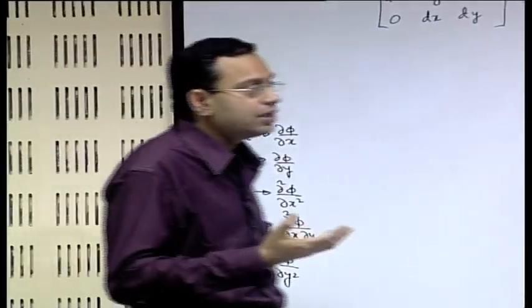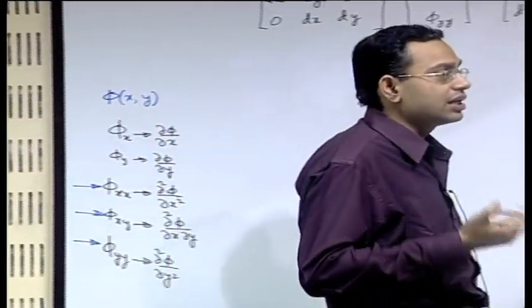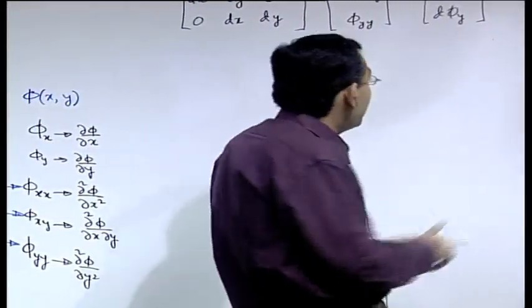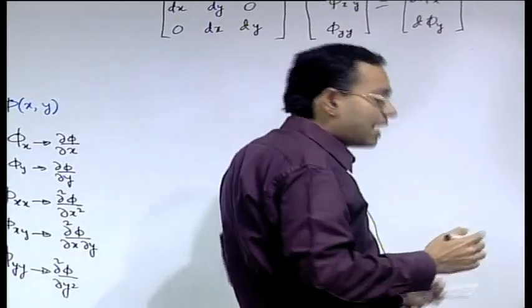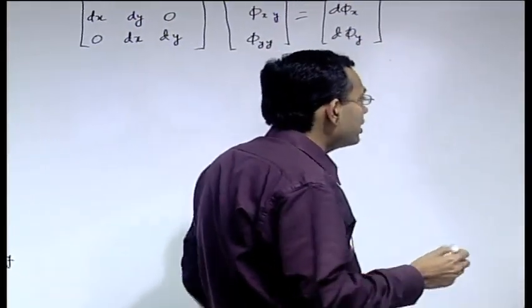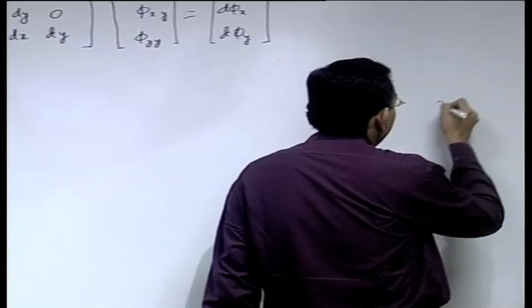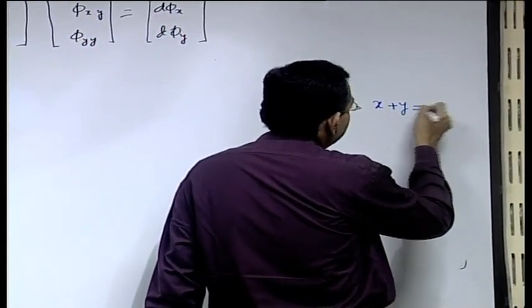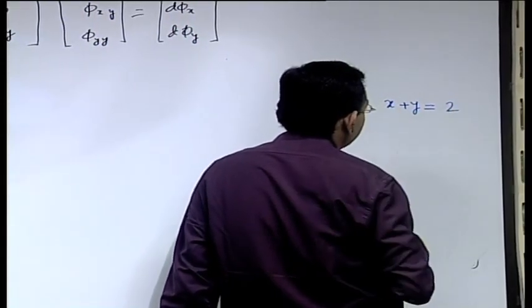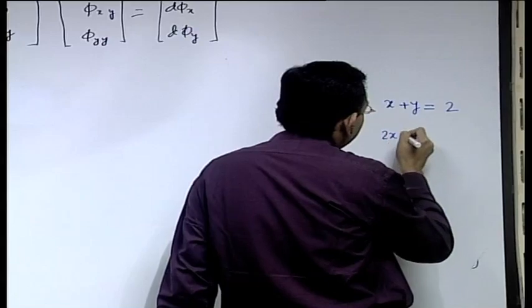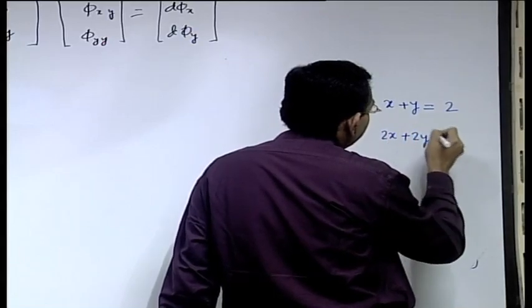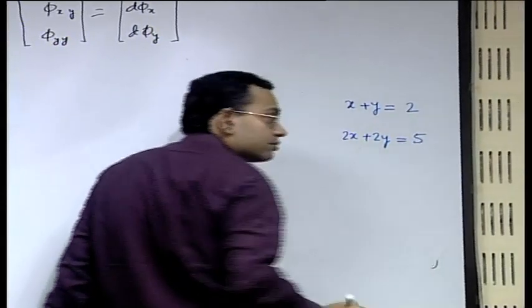Let us interpret it in the way that the solution does not exist. Let us see an analogy with an algebraic equation, so that our understanding will be clear. Let us say that we have two algebraic equations, x plus y equal to 2 and 2x plus 2y equal to 5.